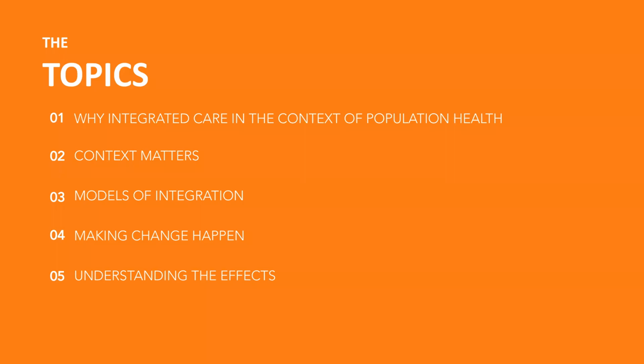The first webinar introduced the series and focused on why integrated care has become the policy and implementation priority it is today in many health systems. In the second webinar, we covered the different contexts in which integrated care flourishes, using examples from across Europe.